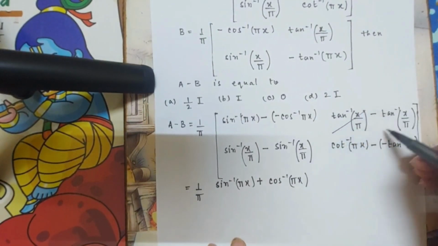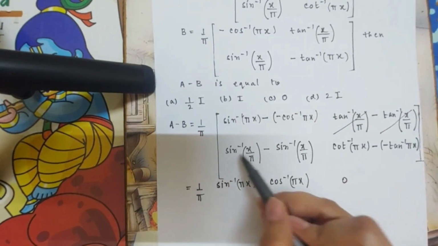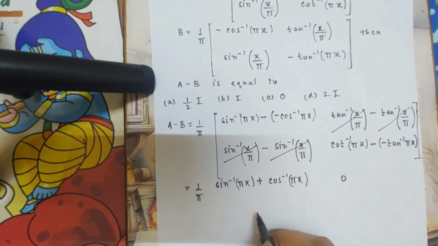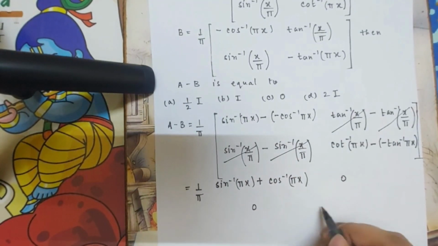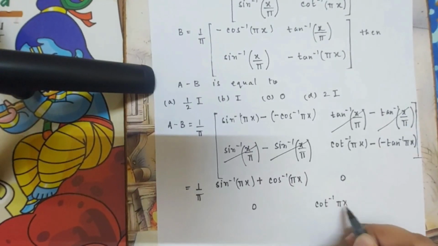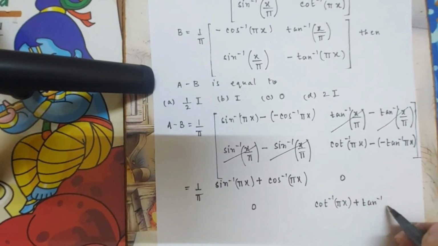This tan and this tan will get cancelled, so we got 0. In the same way, sin inverse x by pi minus sin inverse x by pi gives us 0. So this becomes again cot inverse of pi x plus tan inverse of pi x.